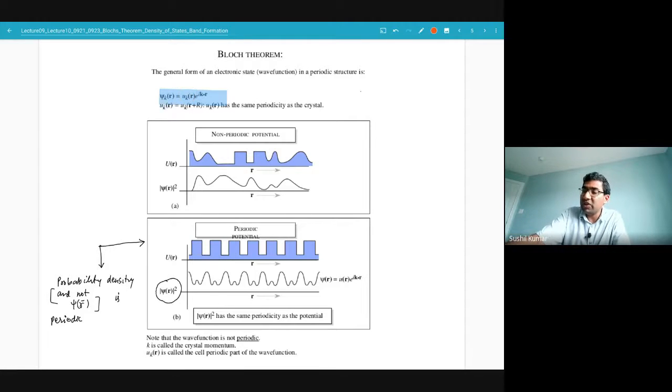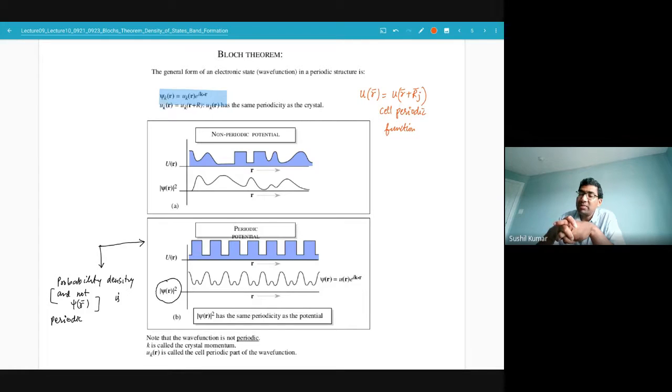In other words, u of r is the same as u of r plus Rj, where Rj is any direct lattice vector. This is called a cell periodic function. Cell periodic function means periodicity with the periodicity of the unit cell.